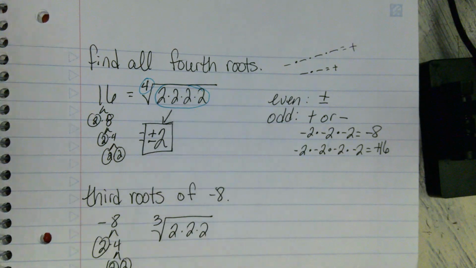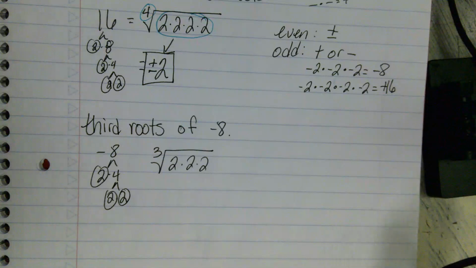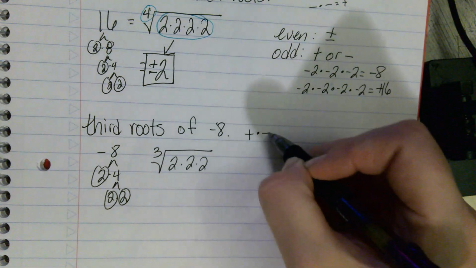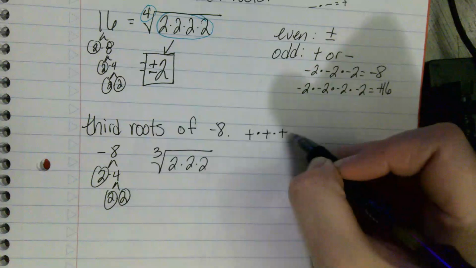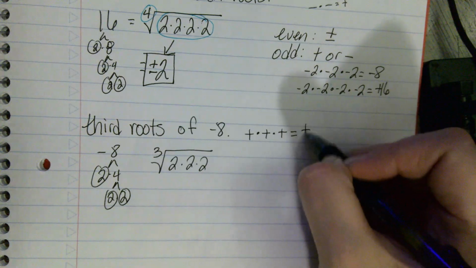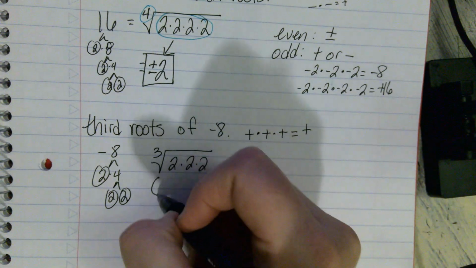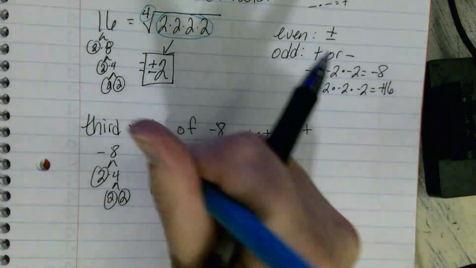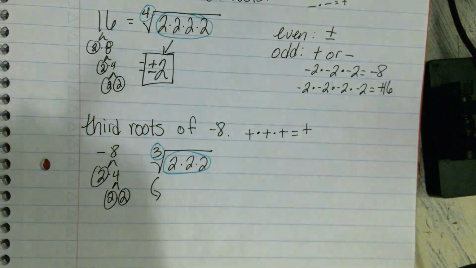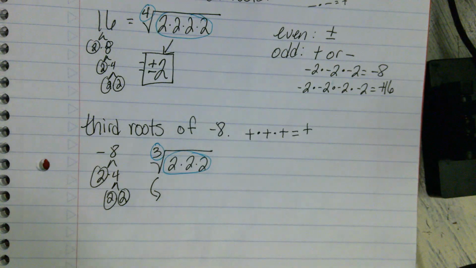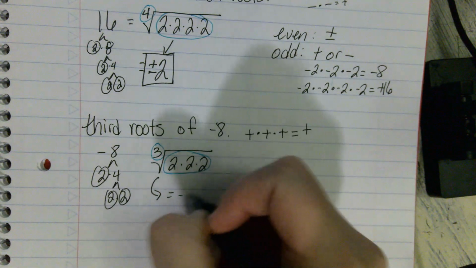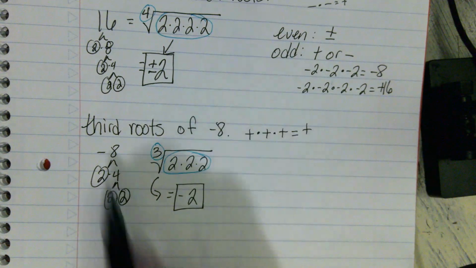We have to ask ourselves, would 3 positives give me a negative 8? No, because positive times a positive times a positive is always a positive. So that tells me I know for sure that these cannot be positive. They would have to be a negative 2 to give me a negative 8.